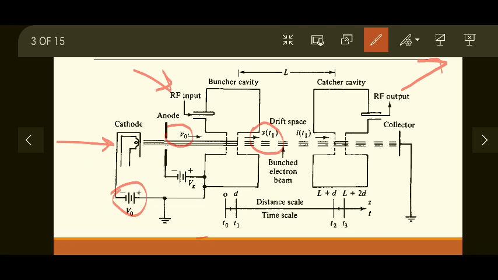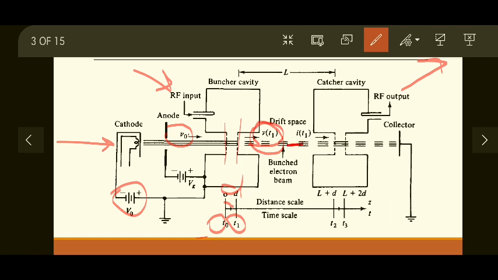The buncher cavity gap distance is 0 to d, that means d. The electron beam enters the gap at time t0 and leaves the gap at time t1. So we are calling this velocity outside the gap of the buncher cavity v of t1.